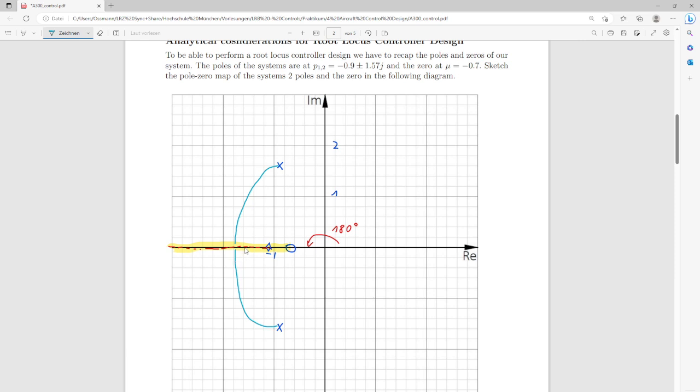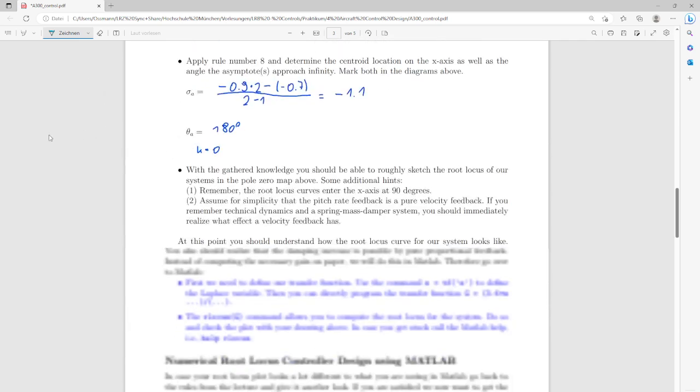So we enter with 90 degrees, and then one goes to the left and one goes to infinity, meaning one pole will end up in the 0 here, and as we figured, the other pole needs to go to infinity, and thereby we have sketched out the root locus curve perfectly fine. Okay, so far so good.